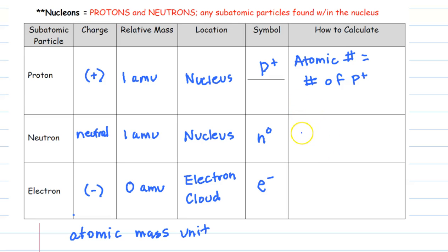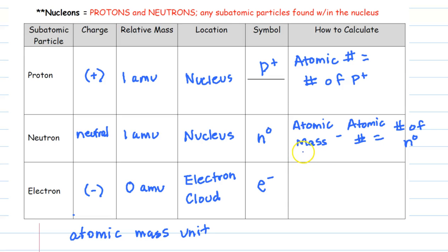To calculate how many neutrons we have, well, each neutron and each proton has a mass of 1 AMU, and that's what makes up the mass. So if we take the atomic mass and we subtract the atomic number, then that's going to give us the number of neutrons in that particular atom.